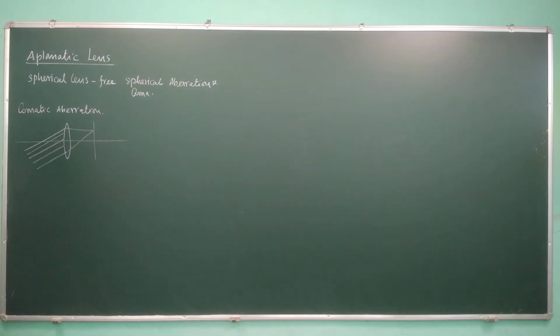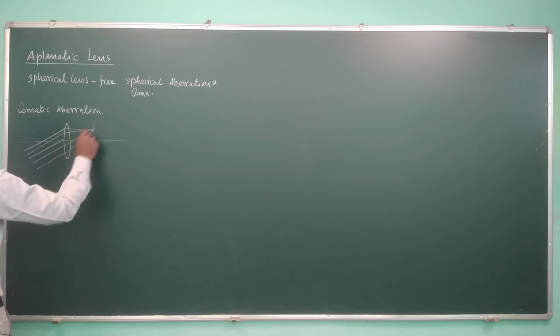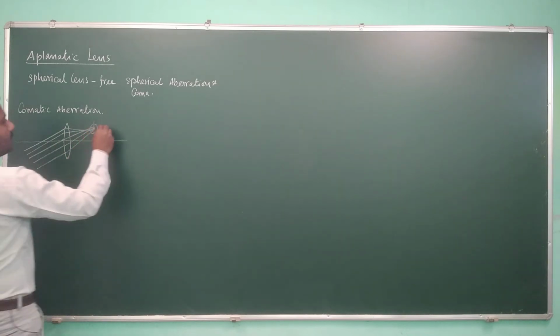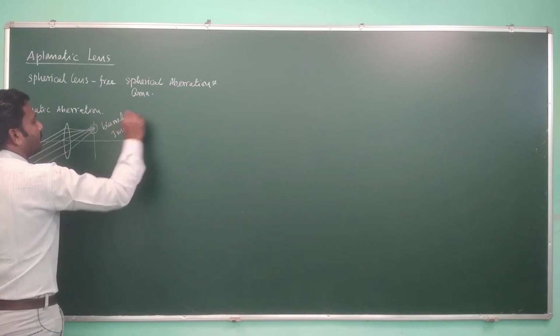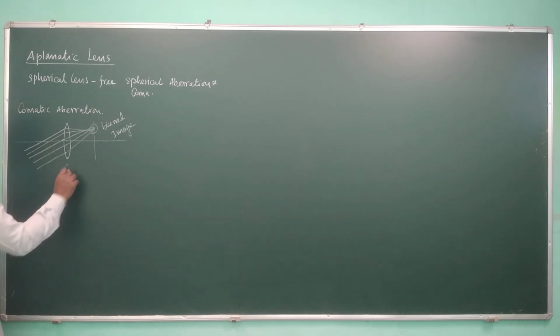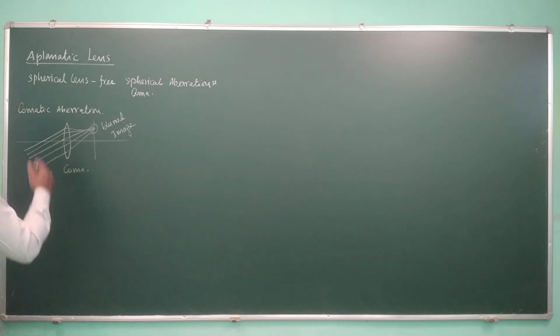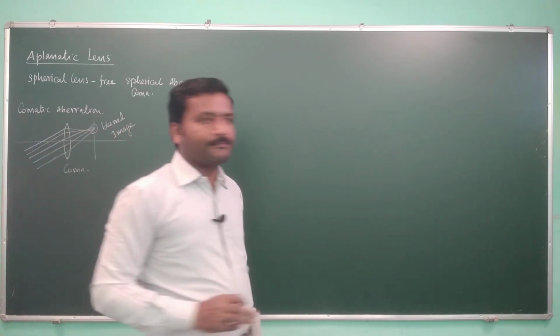Instead, if there exists a blurred image at this point rather than a focused image, then it is said to be coma. These kinds of aberrations can be removed. The aplanatic lens is a spherical lens which is free from this kind of error. Fine.